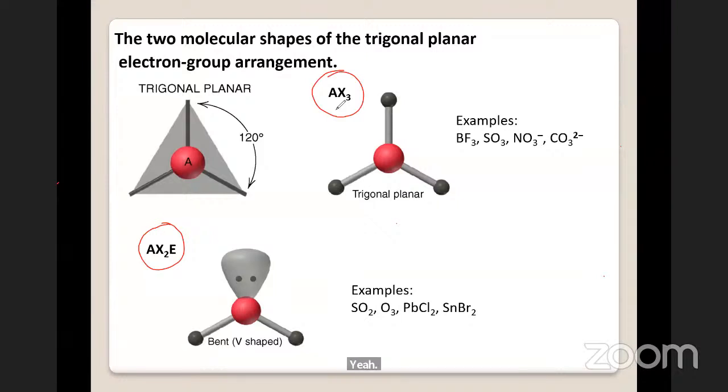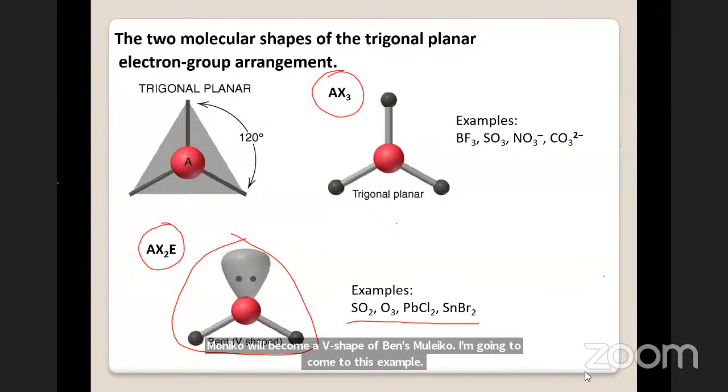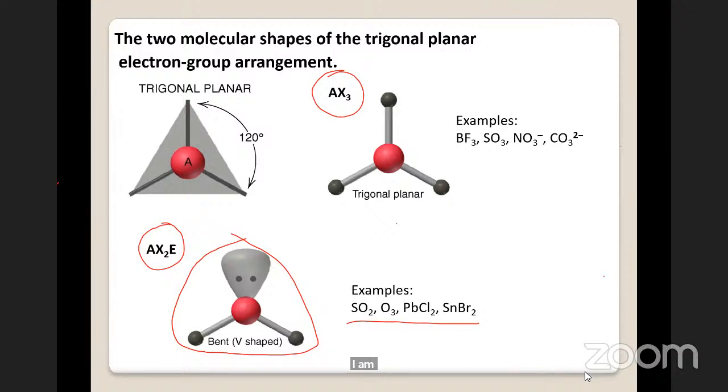In the trigonal planar AX2E system, your molecule will become a V-shape or bent molecule. I'm going to come to this example. I will just use one of it to show you an example of what I am talking about. But your molecule will be a bent molecule.